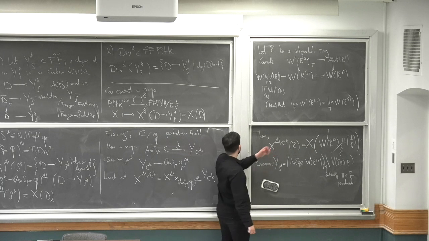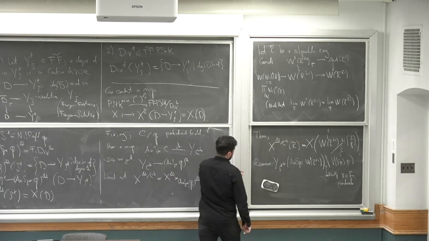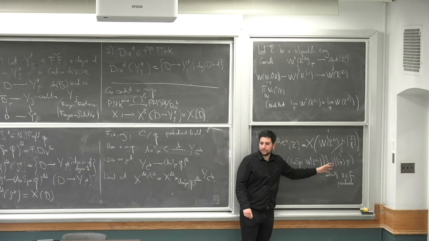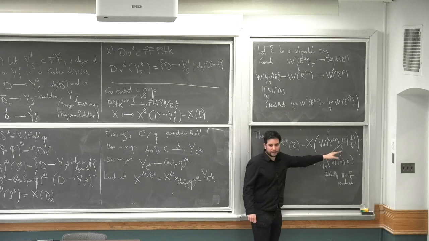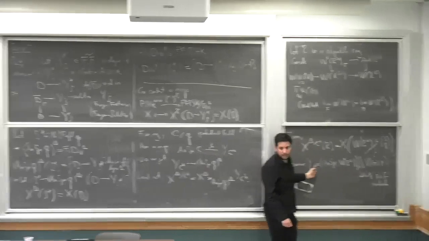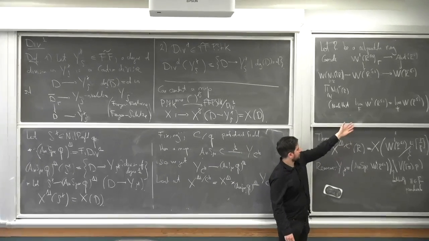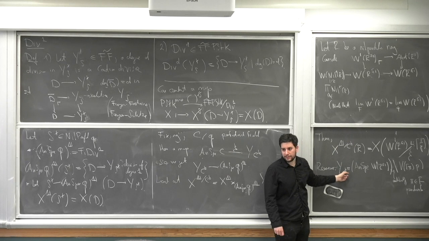Again, this pushout is maybe geometrically easier to understand, but it turns out to be the same as this sort of localization of Witt vectors. And any such quotient like that is going to factor through this open space. In the end, if you just care about these quotients, it's not necessary to actually look at this.